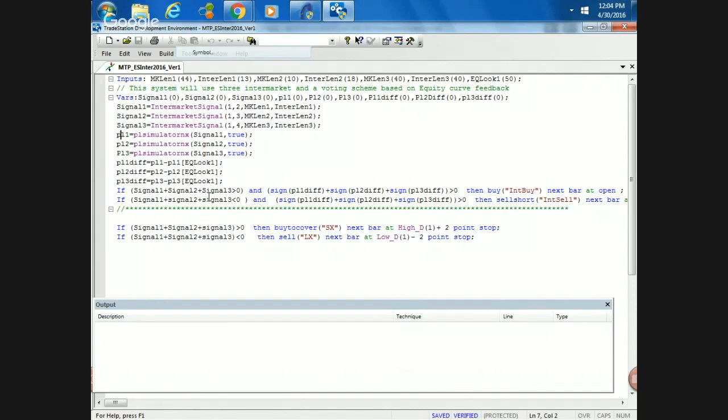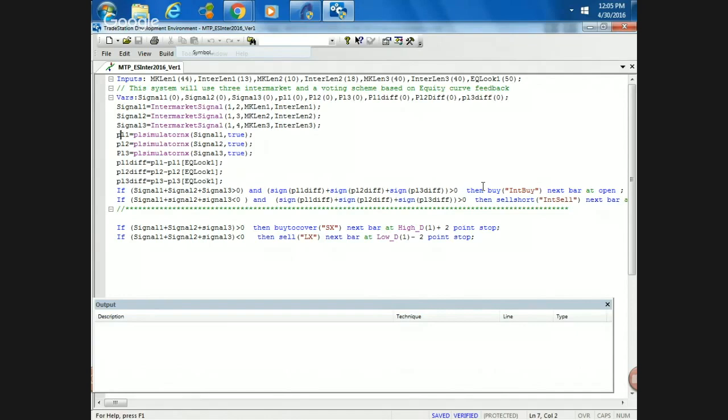Okay, got that. And then the next one, what I'm doing is you see here, I'm looking at the equity difference based on a look back, the momentum of the equity curve. You're simply looking at the current equity based on what it was a number of periods back. Exactly. And when you add up all three of these equity curves for a given window, they have to be above zero.